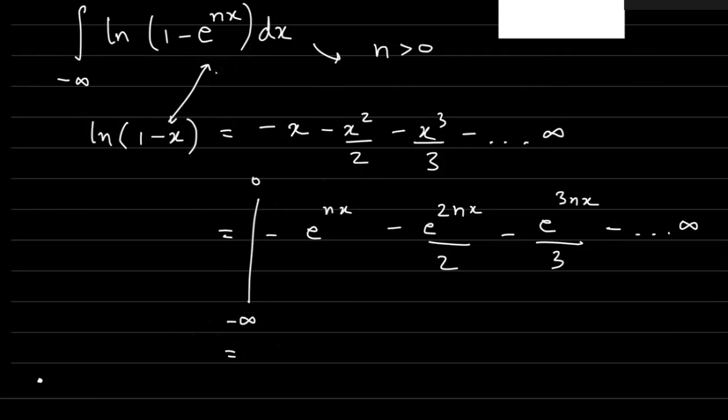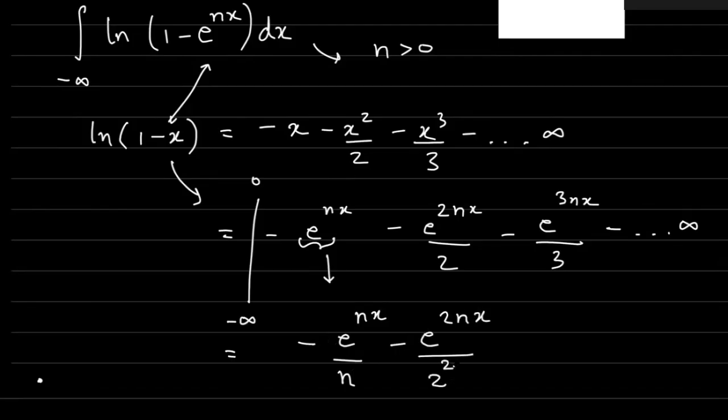after integration, this is the substitution. After integrating each and every part, you will get minus e to the power nx by n minus e to the power 2nx by 2 square n minus e to the power 3nx by 3 square n.